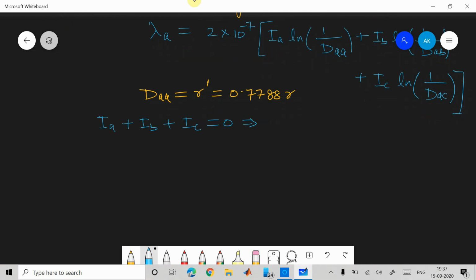So we can write IB plus IC is equal to minus IA.